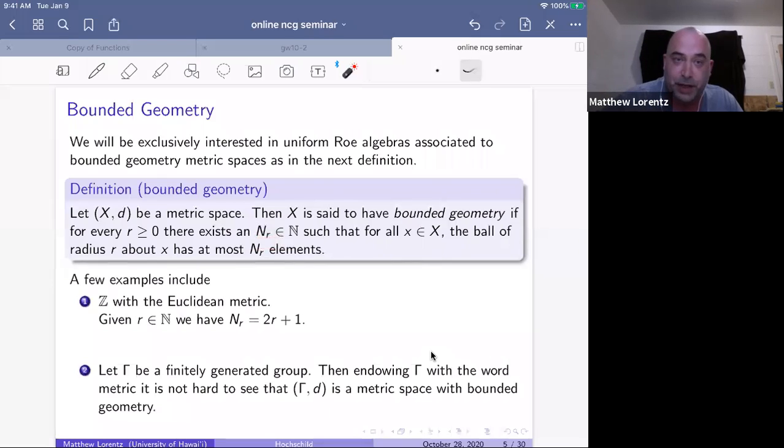A few examples are the integers. If we have a radius r that's a natural number, then a ball anywhere is going to have 2r plus 1 elements. Another way we could look at it is if we have a finitely generated group, giving the group the word metric, it's not hard to see that that will have bounded geometry also.